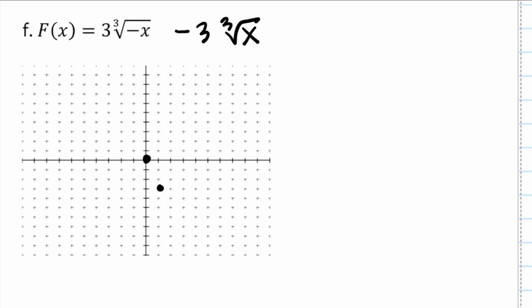2, 4, 6, 8. So go down by 6. 1, 2, 3, 4, 6. Oh, this one's not very good, but you get the picture. So I go over to negative 8, up by 6.